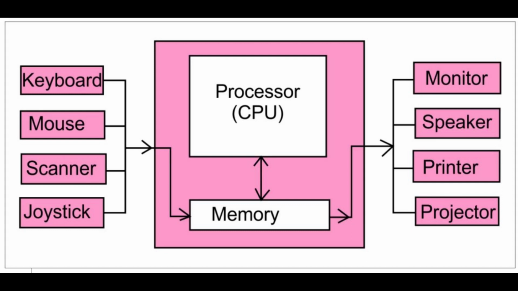Integrated circuit based. Fourth generation, the period of fourth generation, 1971 to 1980. VLSI microprocessor based. Fifth generation, the period of fifth generation, 1980 onwards. ULSI microprocessor based.